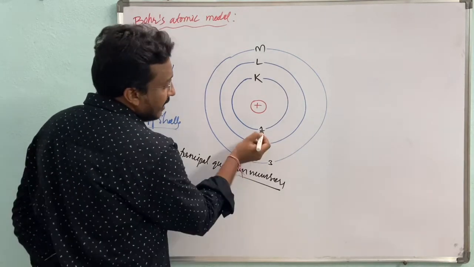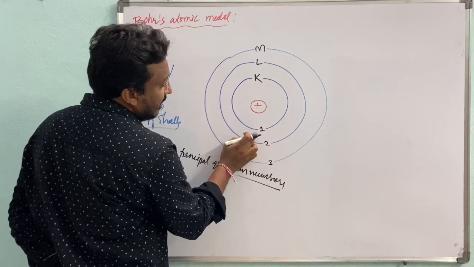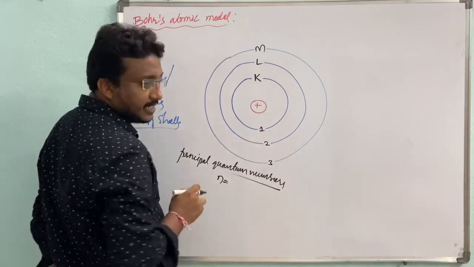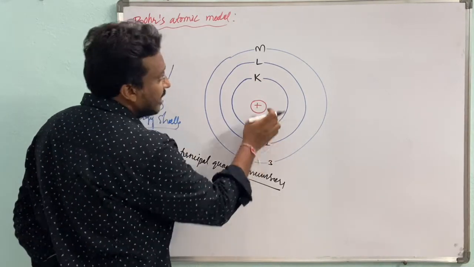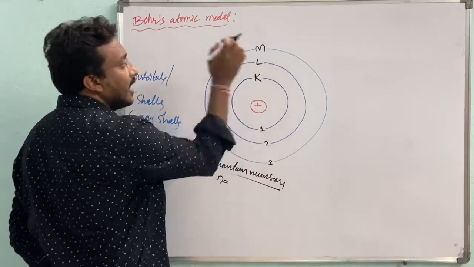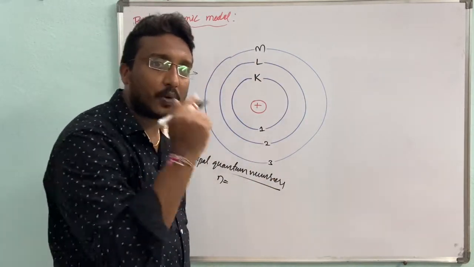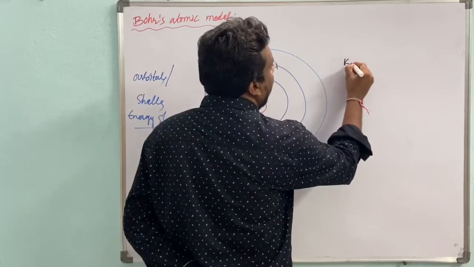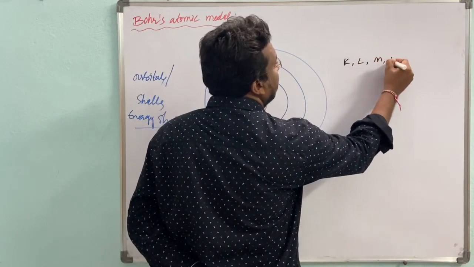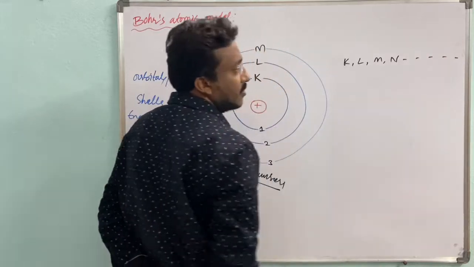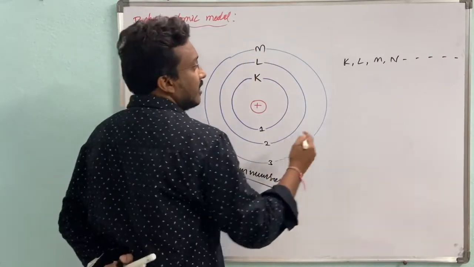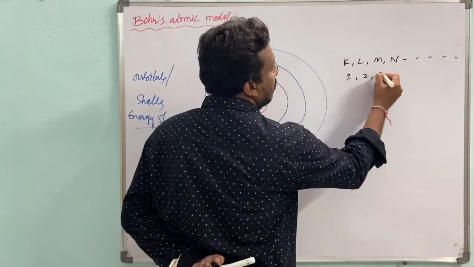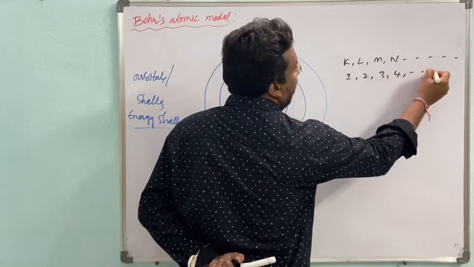The first shell is named K shell, the second L, the third M, and so on: K, L, M, N, with numbers 1, 2, 3, 4 and so on.